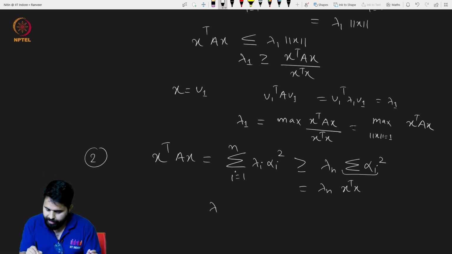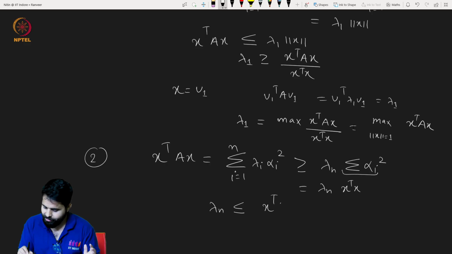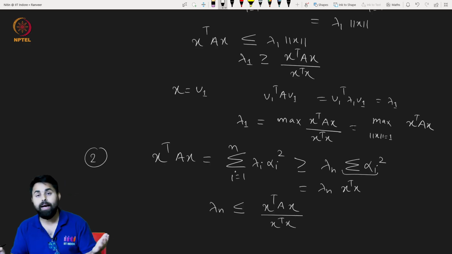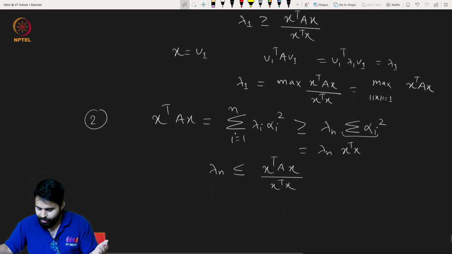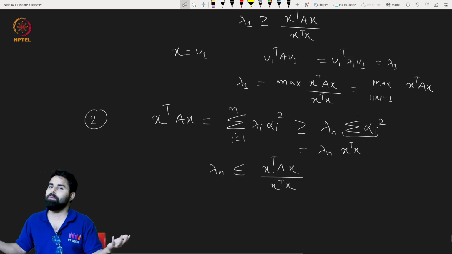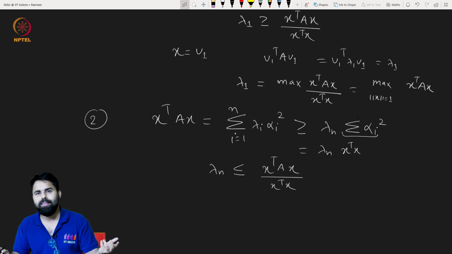That means lambda n is always less or equal to this ratio X transpose AX over X transpose X for any X. Again the same question: does the equality hold? Is there a vector for which equality is happening? Yes, if you replace X by V n, it will be equal.